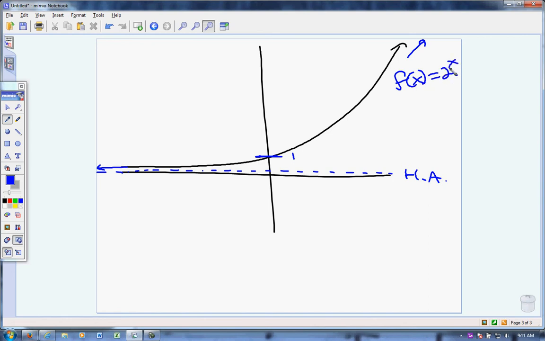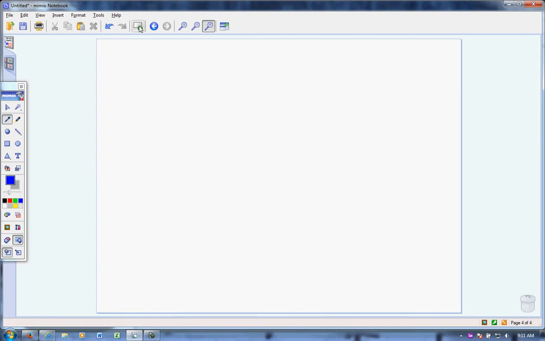Now, as you remember, when we did transformations, things can be moved and they can be flipped around. And I want to talk about that for a minute. Let's now kind of use the graphing calculator. And let's see what would happen if my function was, actually I think this is number 2, isn't it?